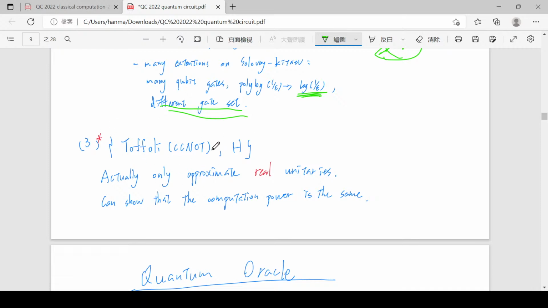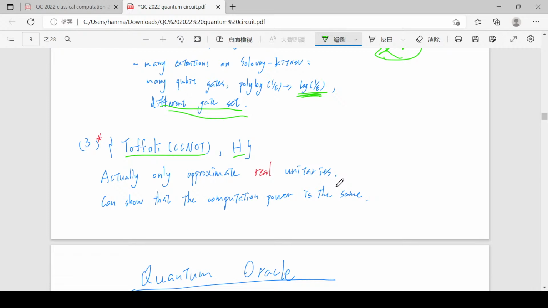Remember, Toffoli is the controlled-controlled-NOT. It's not really universal, because if you look at the matrix elements, Hadamard is a real matrix, and Toffoli is classical, so it's also a real matrix. So actually they only approximate real unitaries.